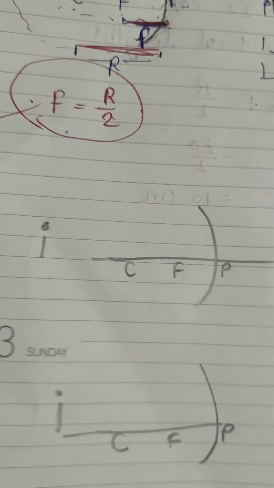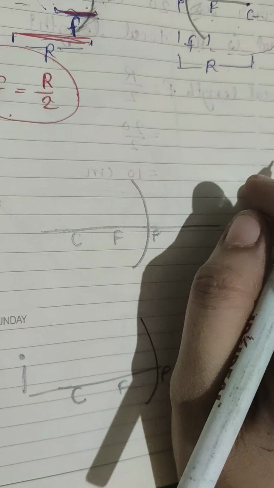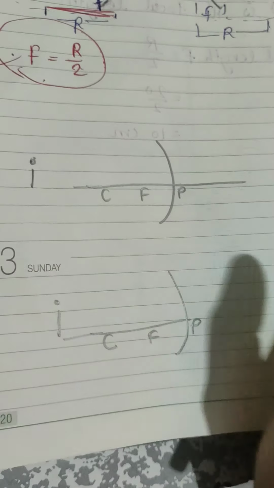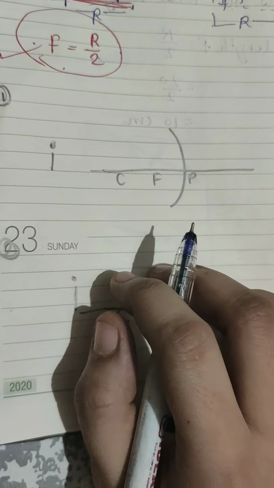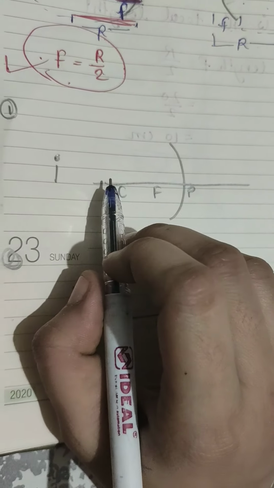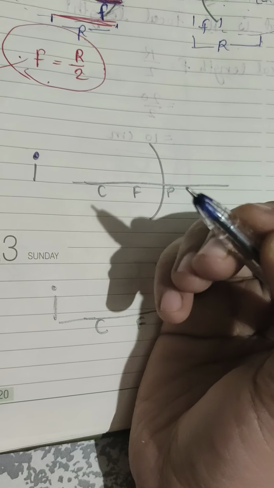Now next is the representation of images formed by spherical mirrors, concave and convex. We have to draw ray diagrams here. The first is the ray coming parallel. Here is the source of light.